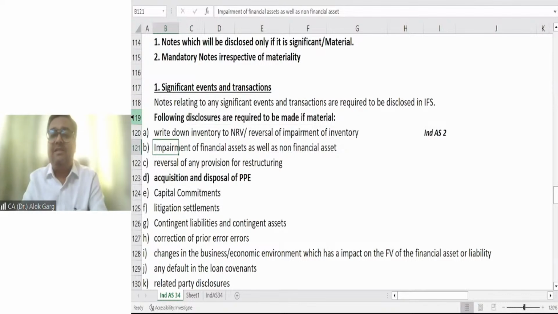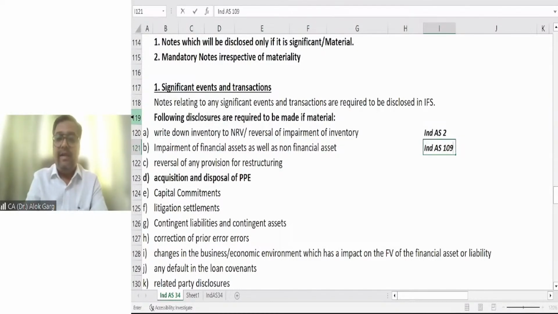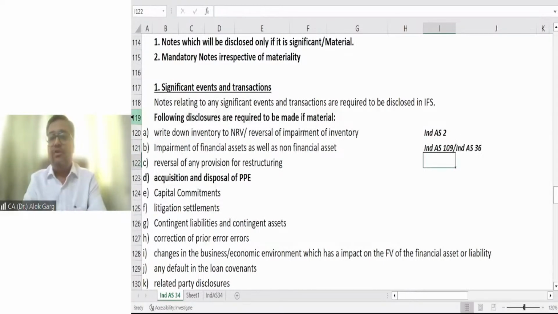Impairment of financial assets as well as non-financial assets. You will read the impairment of financial assets in Ind AS 109 and the impairment of non-financial assets in Ind AS 36. So if the company has impaired its financial or non-financial assets, or there is a reversal of impairment, it is required to be disclosed if it is material. Reversal of any provision for restructuring.